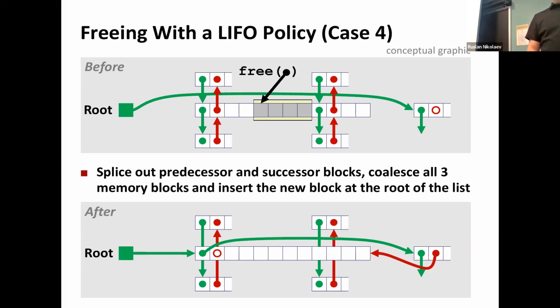So now you see that this larger block does not appear in the previous list, right? This is why it's important, because you may use different strategies, but the right strategy, I think, would be to first remove that neighboring node from the list so that it's no longer in the free list, whether it's predecessor or successor.